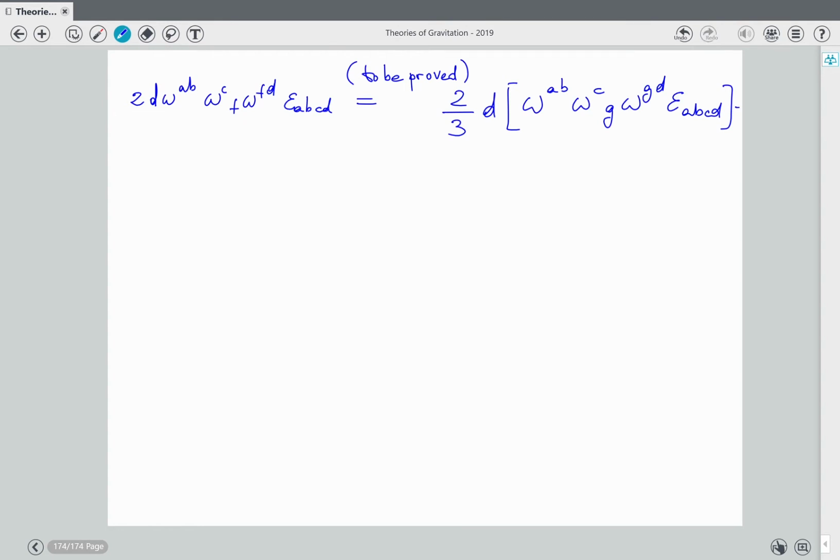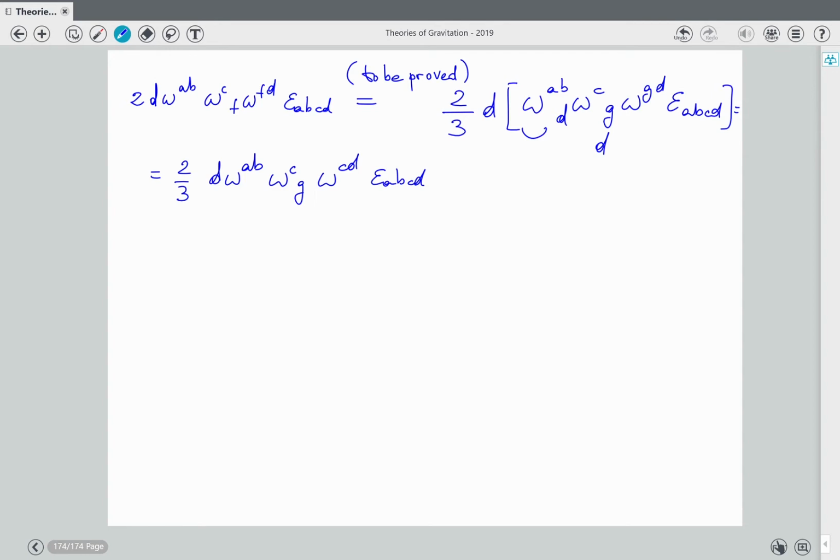Well, let us work out this exterior derivative. So we have 2/3 d omega AB, this is the first contribution, omega CG, omega GD, epsilon ABCD. And then we have the derivative here, which has to cross one form, so there will be a minus sign, and then there will be a derivative there.